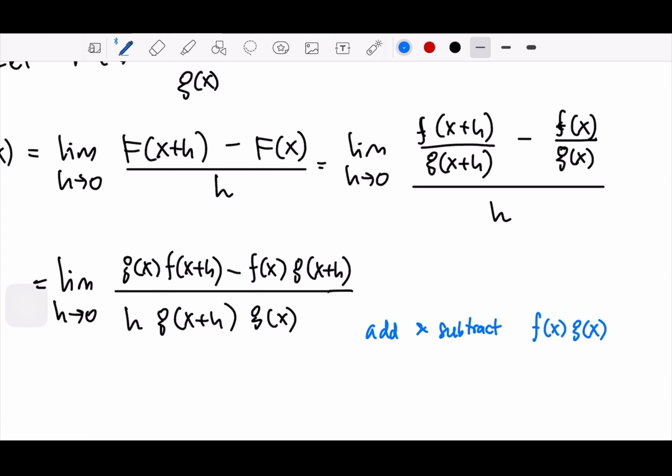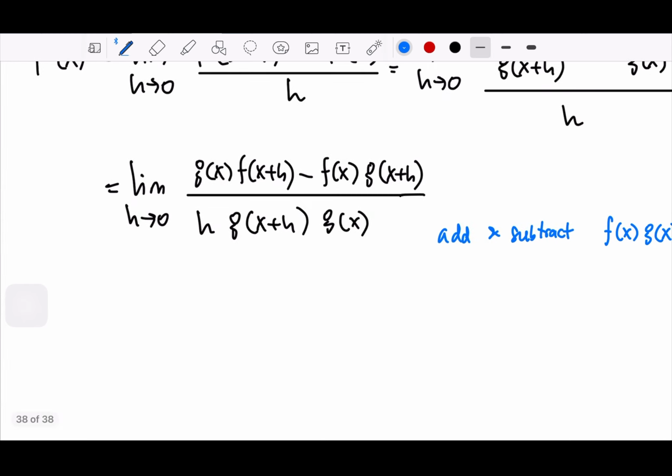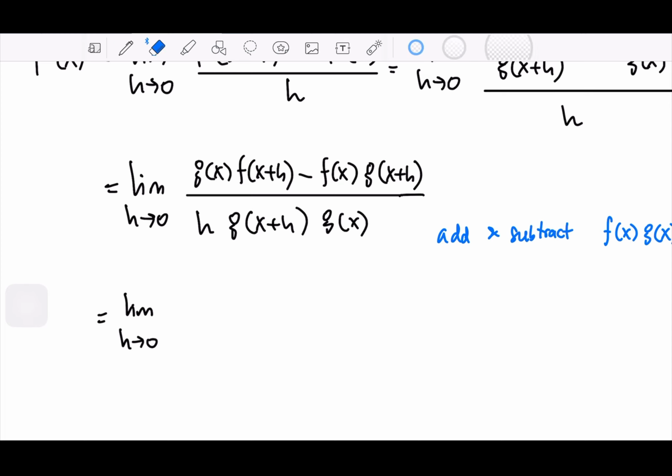What we need to do is manipulate this numerator, right? So let's just add and subtract the terms. So limit, let me write f of x plus h times g of x first. Let me write minus first, then plus: minus f of x g of x, and then plus f of x g of x.